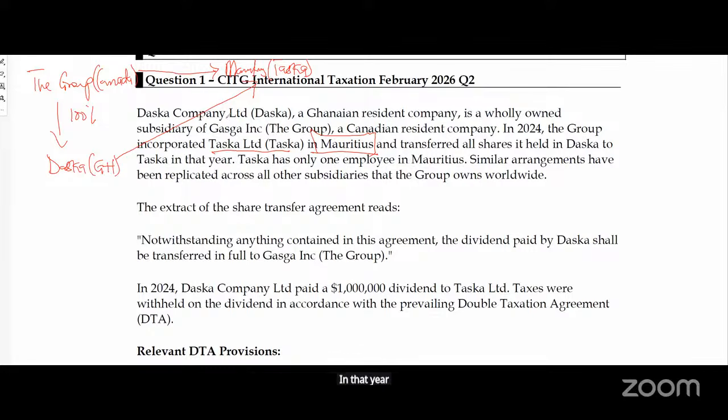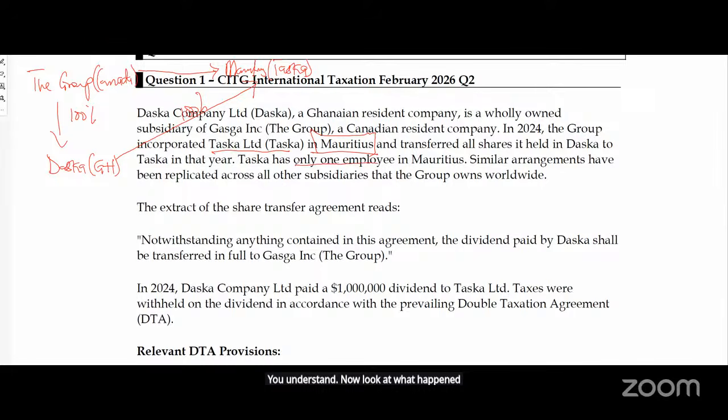So now the Mauritius company owns Daska, because the group sold all the shares to it. So indirectly, the group controls Daska.